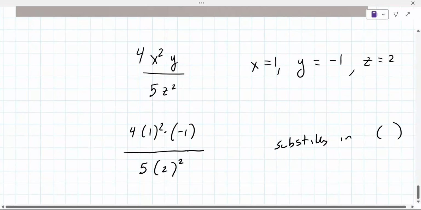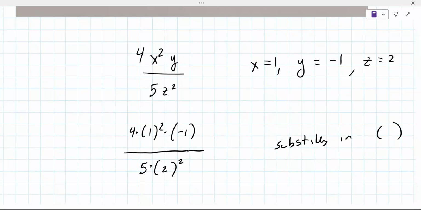Okay. Could you go to Desmos and enter this exactly the way it's written and tell me what you come up with, either as a decimal or a fraction?